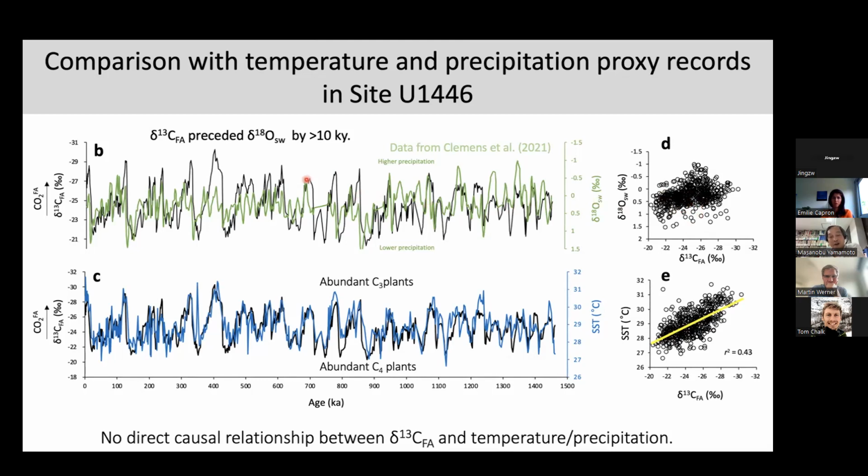And also we can find that the leaf wax carbon isotopic composition preceded the seawater oxygen isotopes. So this means CO2 affected the precipitation, and precipitation didn't affect the leaf wax carbon isotopes. So both temperature and precipitation are not the major factors controlling the C3, C4 vegetation.